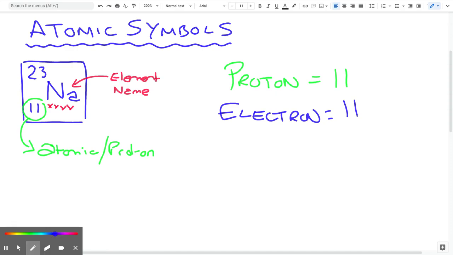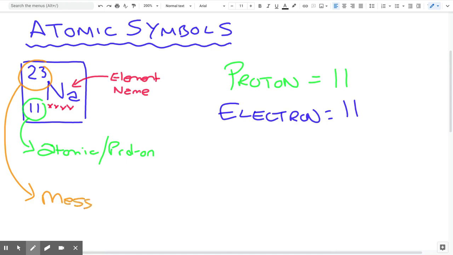That then leaves us with the final number, which is the mass number of the atom. And again, in the previous clip, we suggested that the mass of a proton relatively is a unit 1 value, and the mass of a neutron is also a unit 1 value.